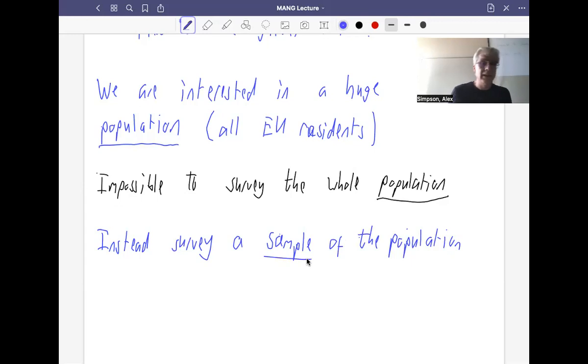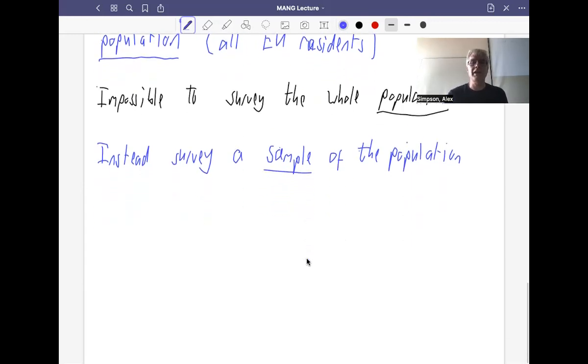And the idea is that we can't ask everybody, but as long as the sample we look at is reasonably representative of the population, then we can use results from the sample itself to infer results about the population as a whole.